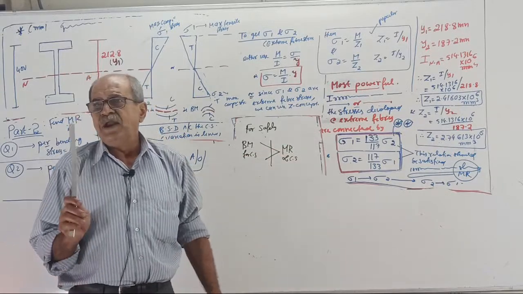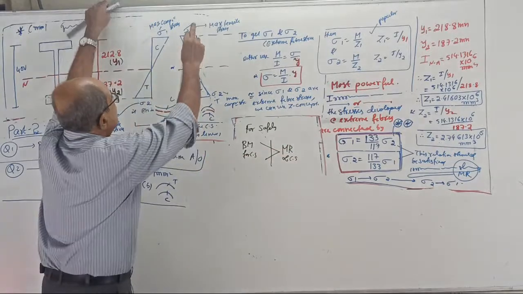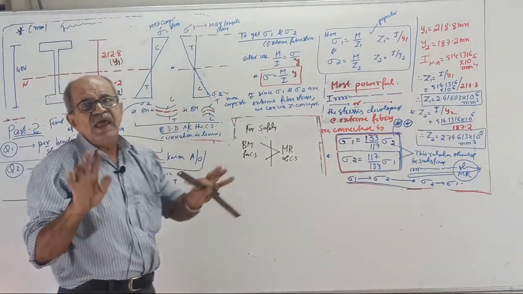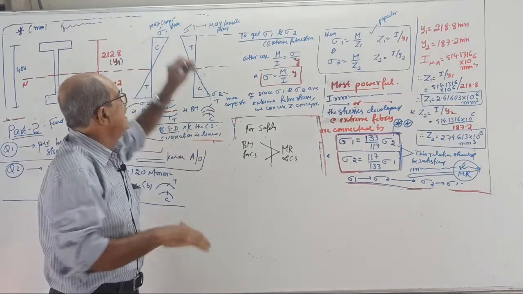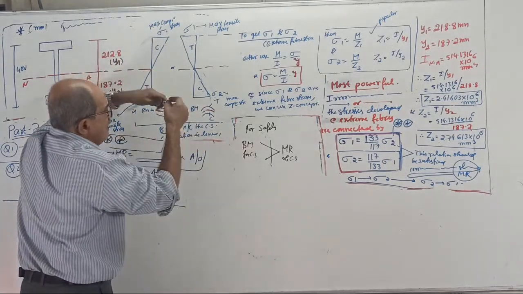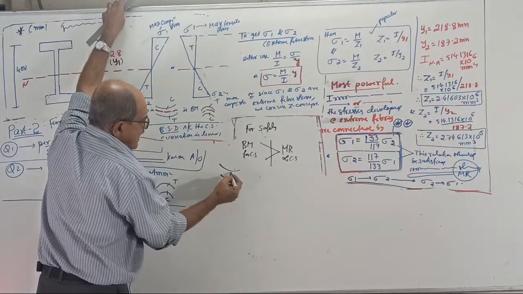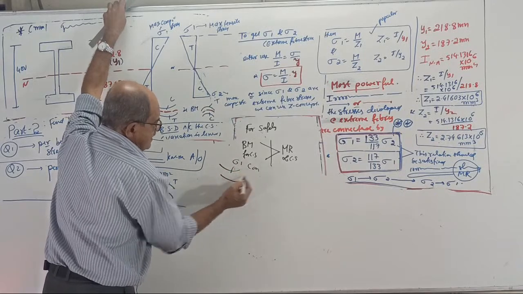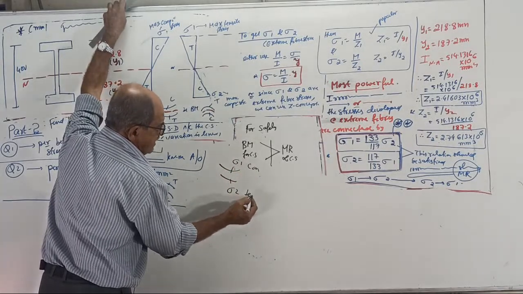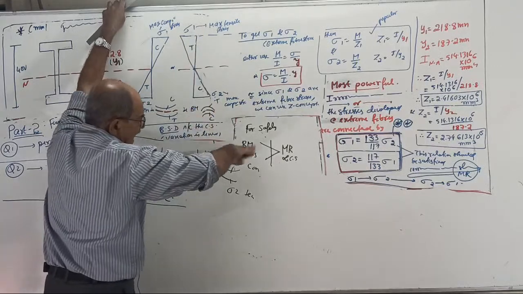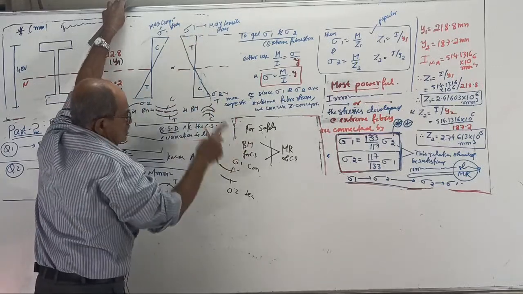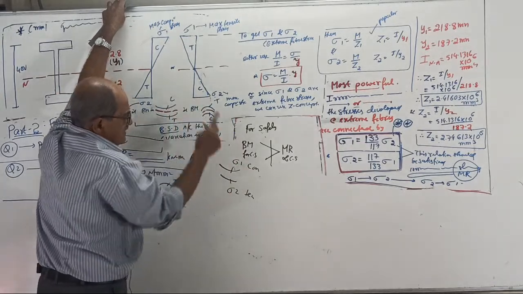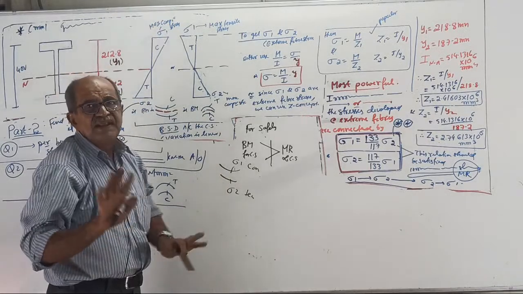When you find MR, very important: sigma 1 and sigma 2, both of them should not exceed the permissible limit. Once again, write: if the BM is sagging, then sigma 1 will be compression and sigma 2 will be tension. So the top fiber stress should not exceed the permissible compressive stress, and the bottom fiber stress should not exceed the permissible tensile stress.